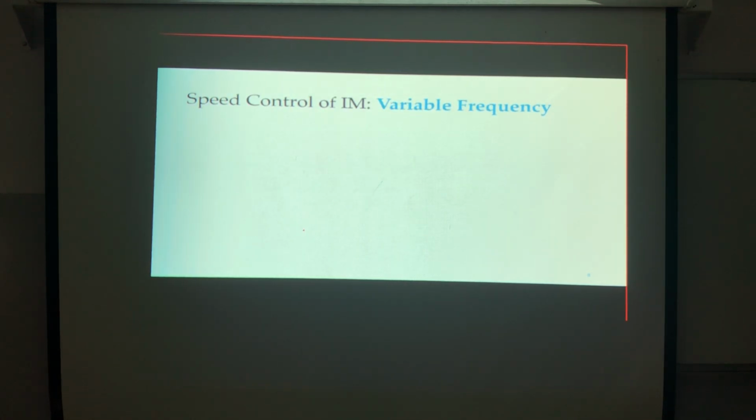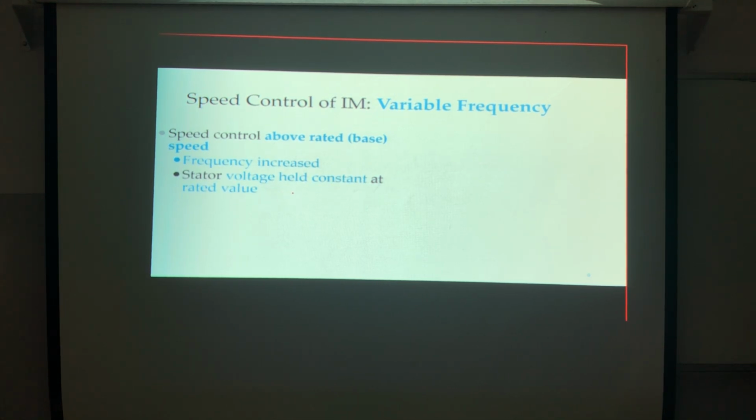Now, what about if we need to vary the frequency? If we need to vary the frequency, let's assume that I need to control the speed above the rated speed. In this case, the frequency will be increased. If the frequency increases, what will happen?